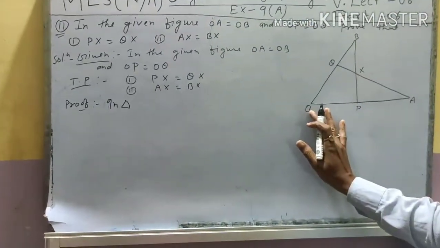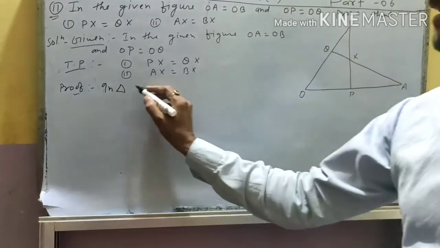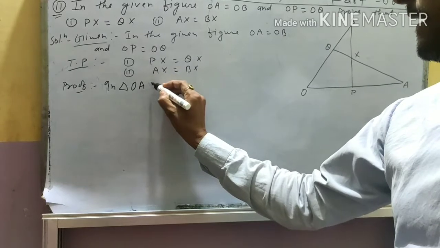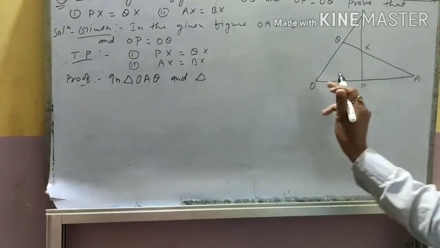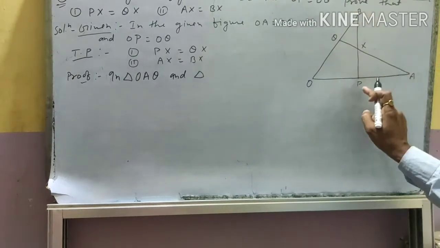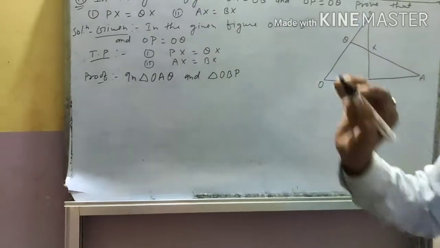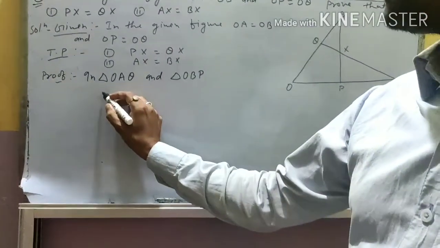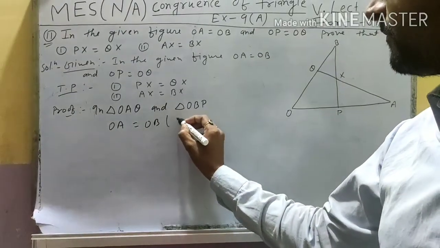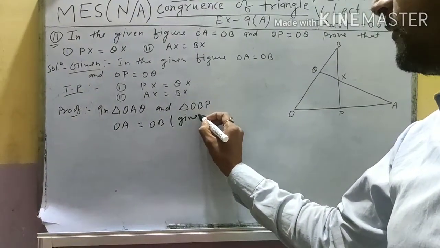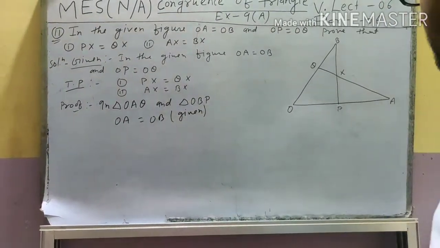In triangle OAQ and triangle OBP, under these two triangles, OA is equal to OB. Write down here the information that is given: OA equal to OB, first thing.